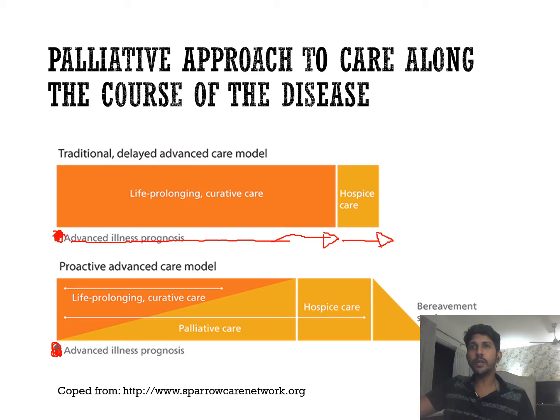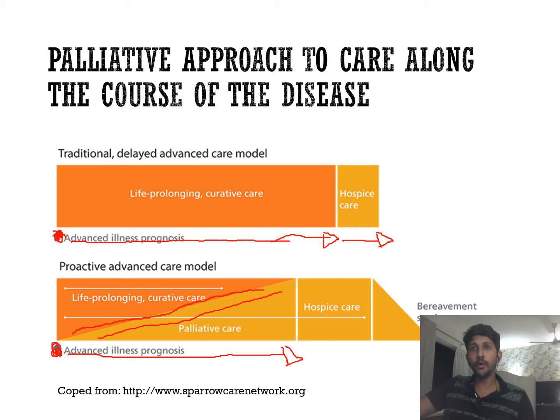But as the disease progresses, the amount of life-prolonging treatment is diminishing, while the palliative approach to care is slightly advancing as we go along the disease.